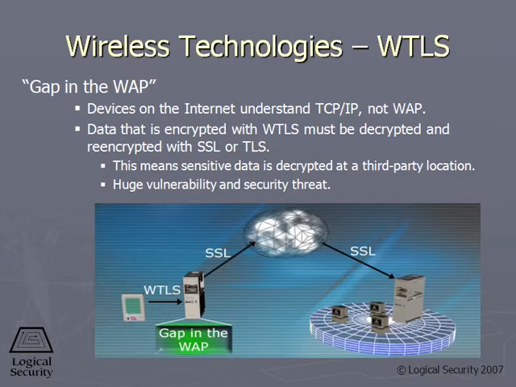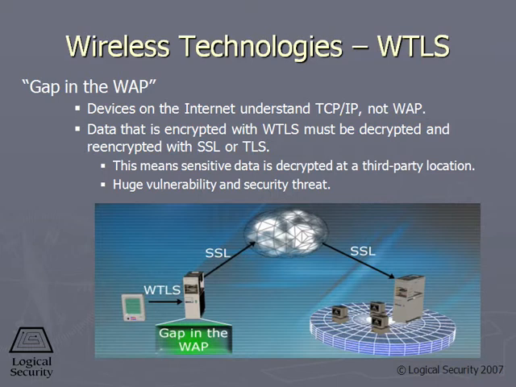That server is actually going to gateway me to the wired network. So that server now has to decrypt my wireless application protocol stack and then re-encrypt it using the wired protocol stack. So in other words, that server is a gap in the security.